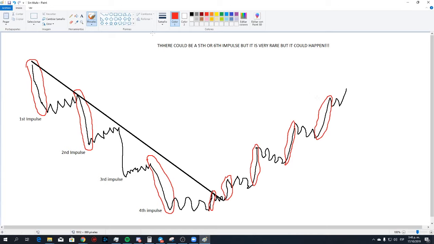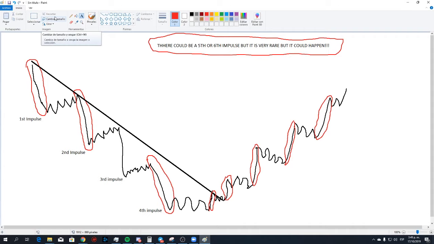So, always remember this. This is very important. Let me draw the impulses so you guys can see what I see.